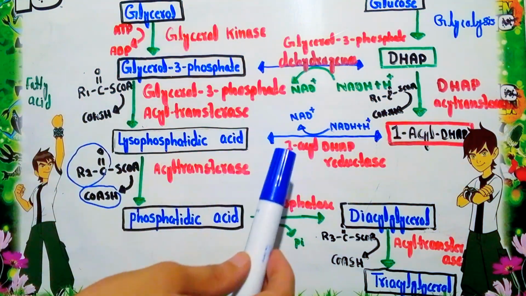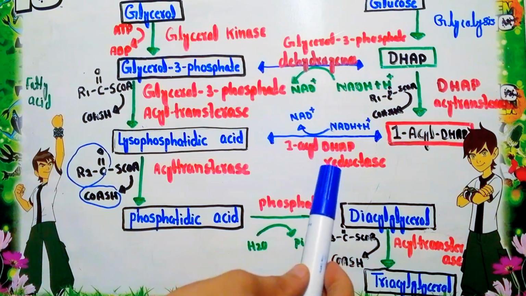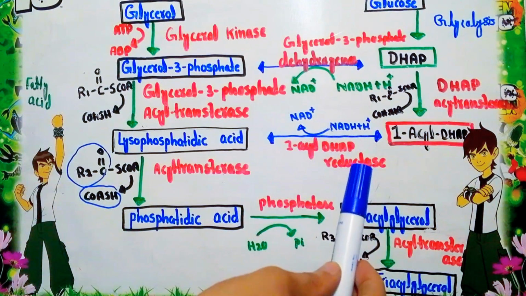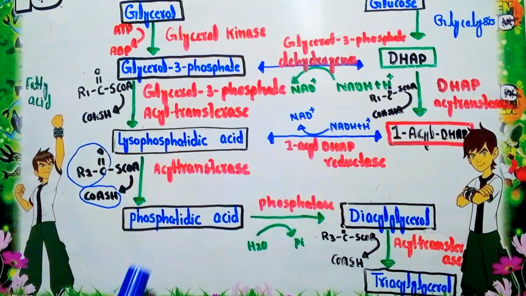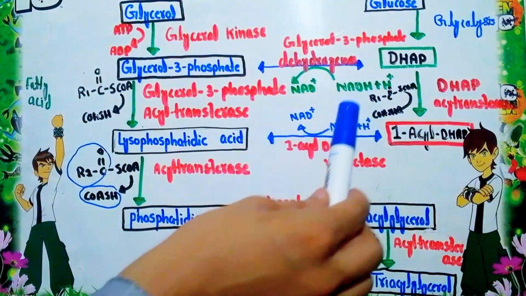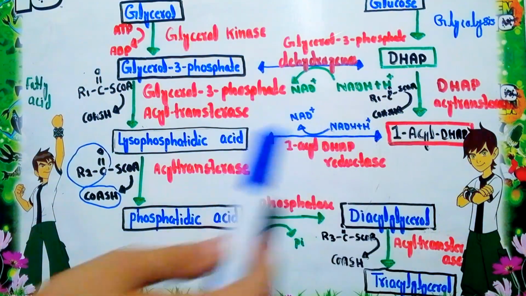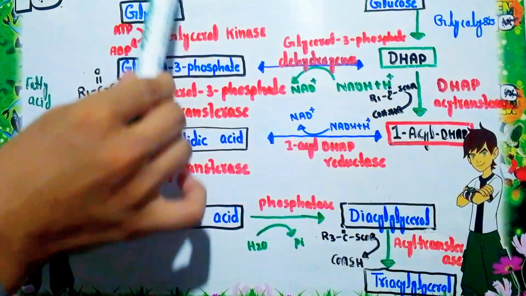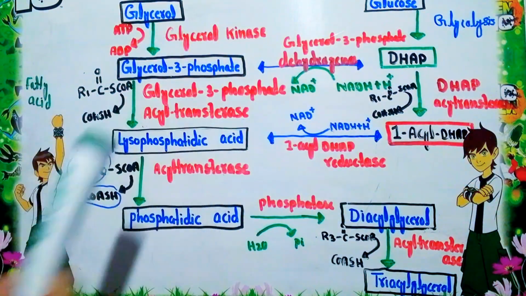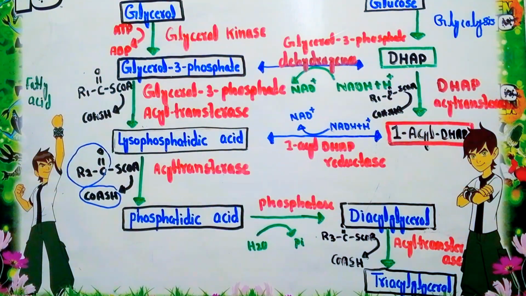So the enzyme 1-acyl DHAP reductase removes the hydrogen atom from the reduced coenzyme. Finally, this released hydrogen is gained by the 1-acyl DHAP. As a result, it forms lysophosphatidic acid. So mainly from the glucose and the glycerol, finally the lysophosphatidic acid is formed.